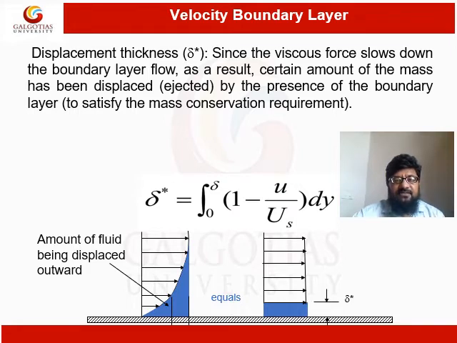If we imagine this displacement away from the uniform flow is characterized by delta star, then using the principle of mass conservation, we can say that the flow rate with the uniform velocity will be the same as the flow rate being displaced by the presence of the boundary layer.